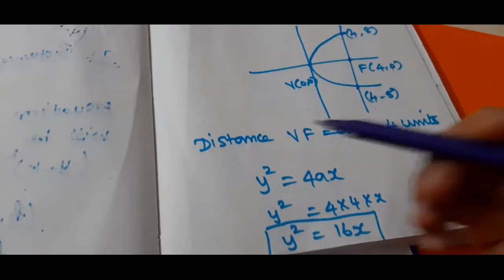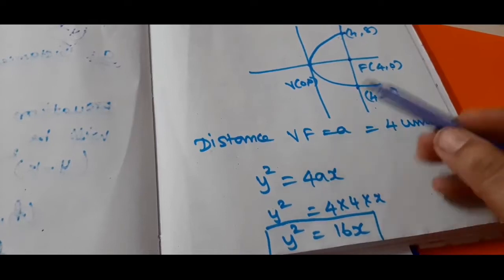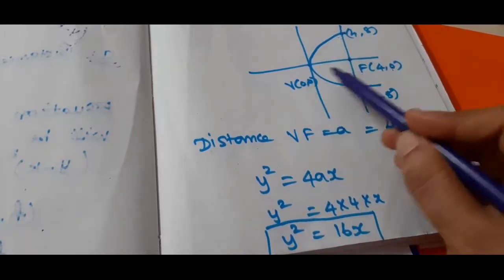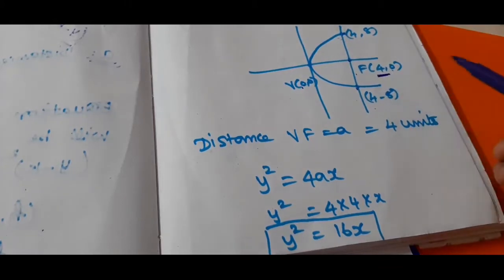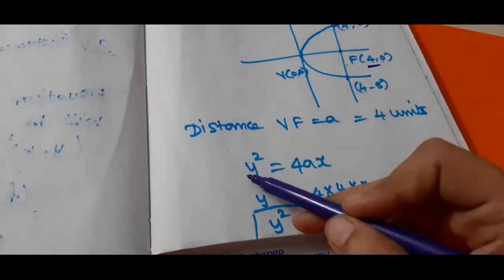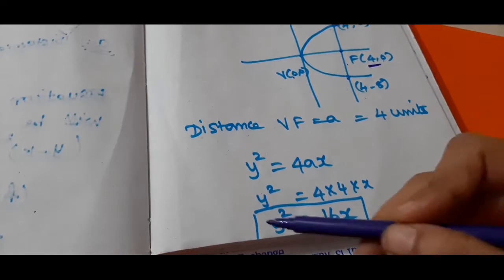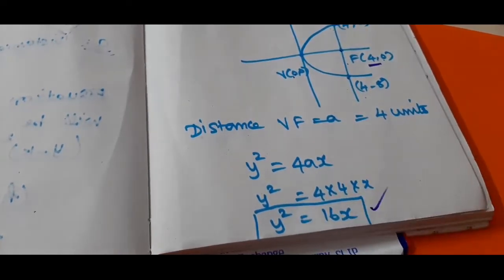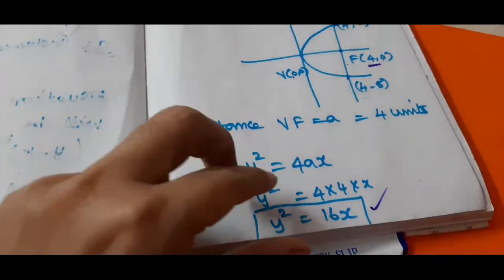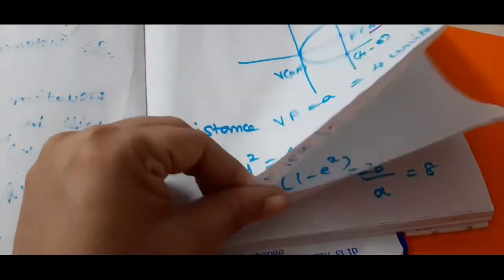Vertex is (0, 0). So the distance VF, from vertex to focus, is 4 units. y² = 4ax, y² = 4 fours are 16x. So this is our required parabola equation.